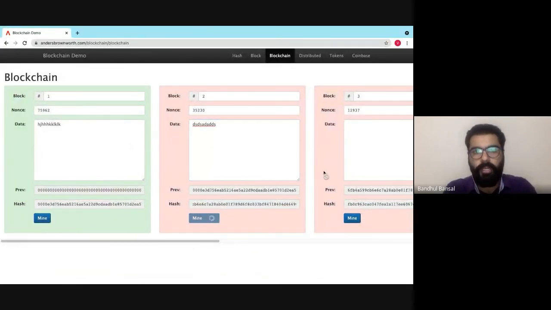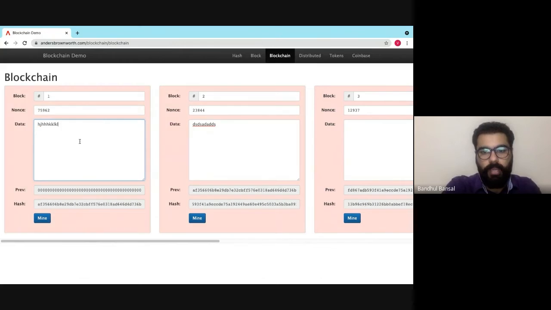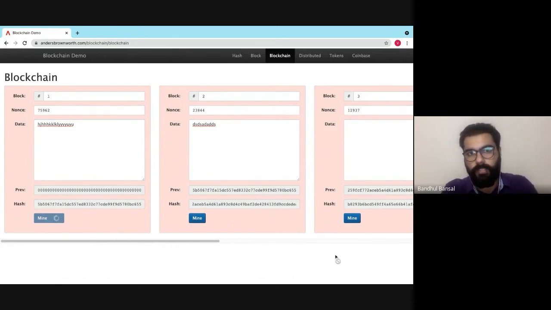If they have to change the data in this particular block, they'll have to change the data in this block, and then remine this block as well as this block and the chain ahead of it, so that the chain is synced, and there is no fault evidence that the chain is not mined, and it should not be discarded. So this is what an attacker will have to do when it comes to changing the transactions in the chain.